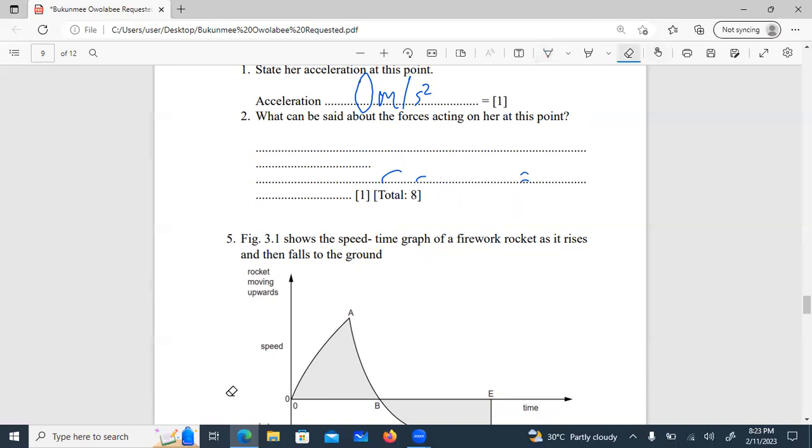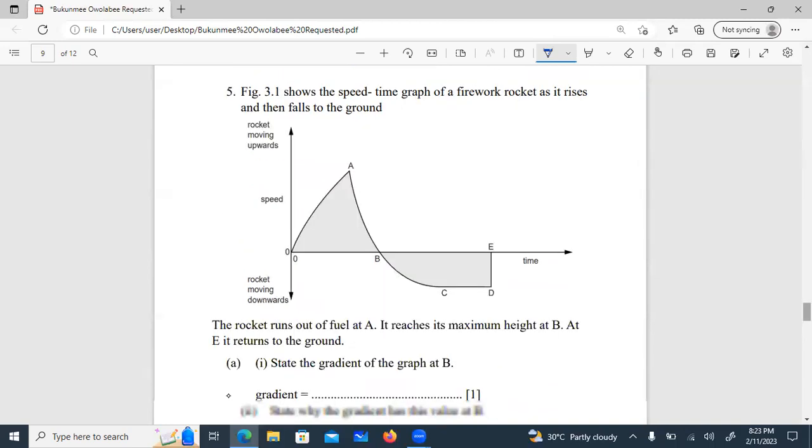So what that simply means is that there is no net force, or you say there is no resultant force acting on the jumper. That's all. The next question.